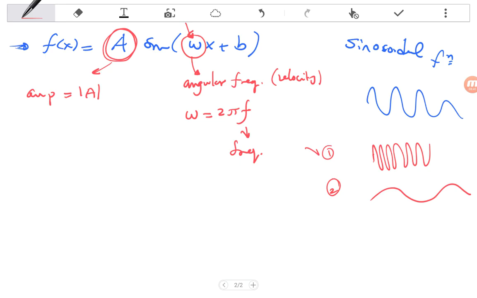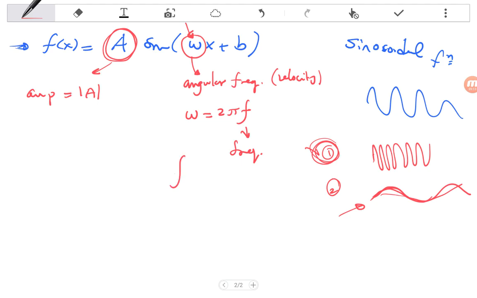So what is a frequency? It is the rate at which you repeat yourself. If you repeat yourself fast, then we have a higher value of the frequency. If you repeat yourself slowly, we have a lower value for the frequency. Okay? So that is the frequency.